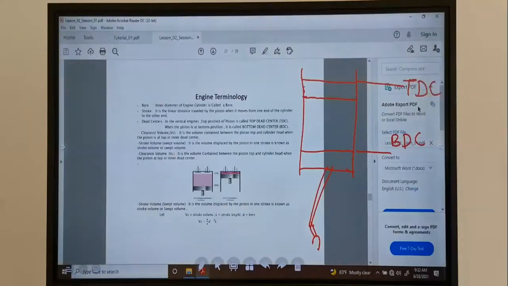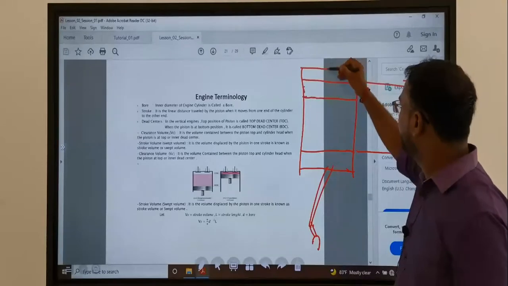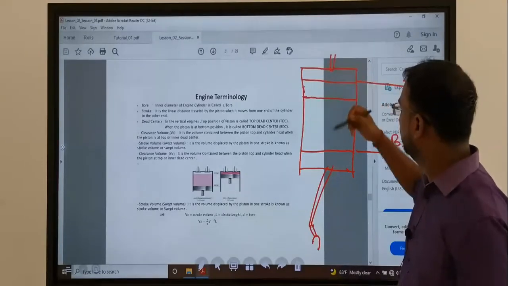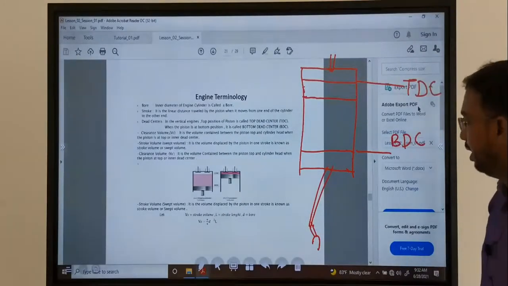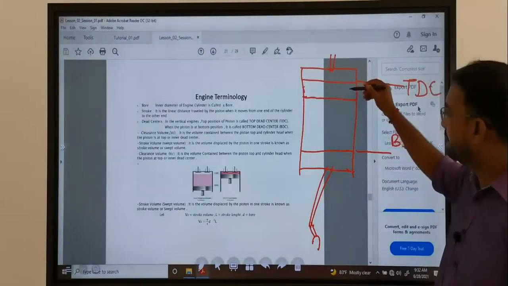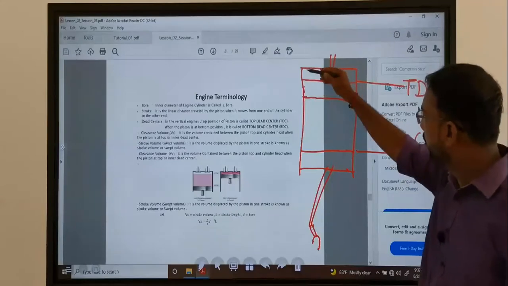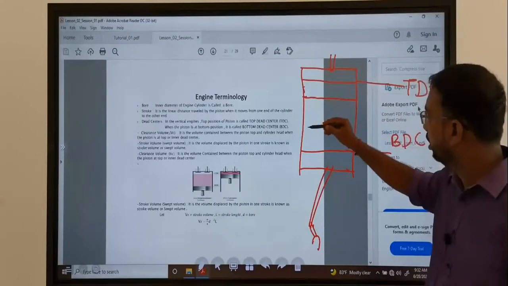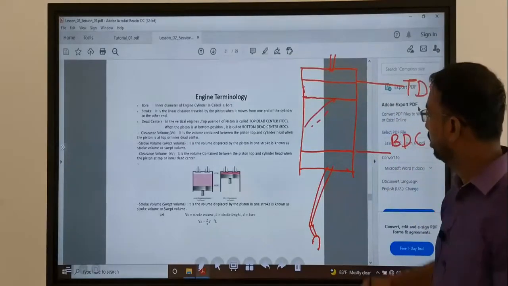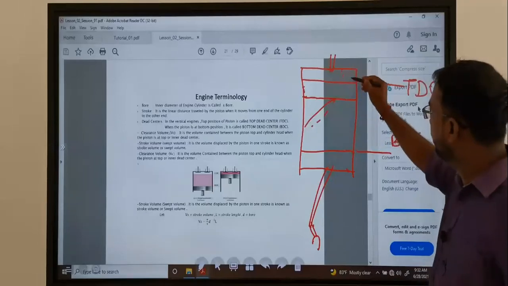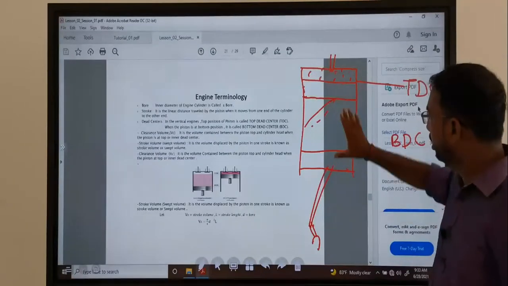Normally the cylinder is like this. Here is the spark plug or injector. First, when the compression stroke happens, what will happen? The piston moves upwards and compresses the air.